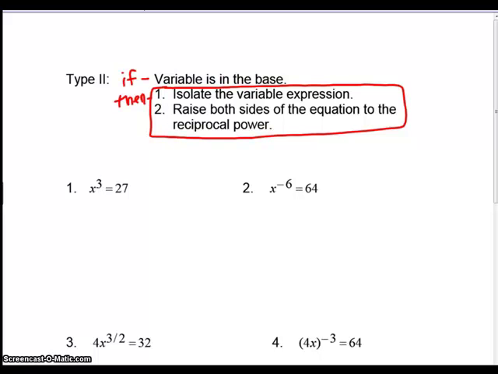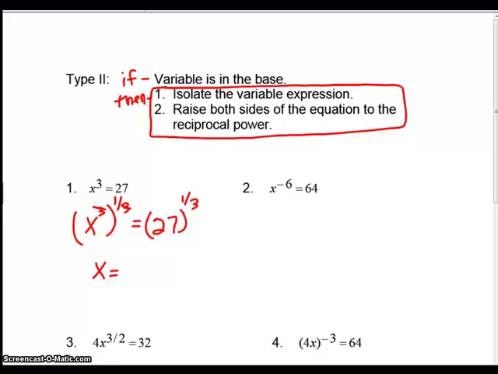For example, x to the third equals 27. The variable is in the base. So we're going to take the reciprocal of 3, which is 1/3, and we're going to raise both sides to the 1/3 power. 3 times 1/3 is 1, so x.